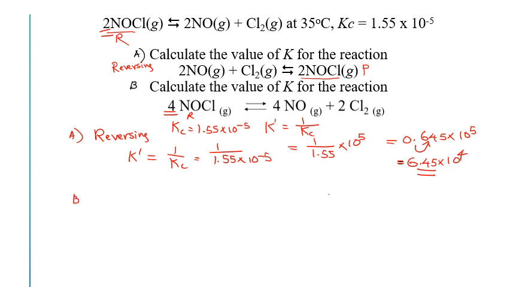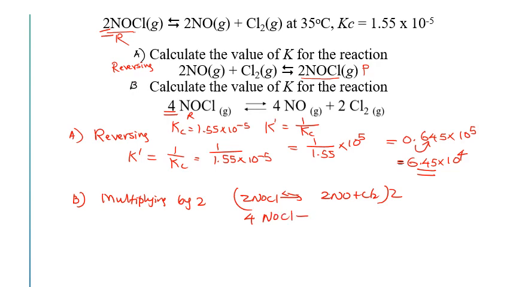So in B, we are multiplying the equation 2NOCl gives 2NO plus Cl2 by 2, and we get 4NOCl gives 4NO plus 2Cl2. The coefficients are multiplied by 2.